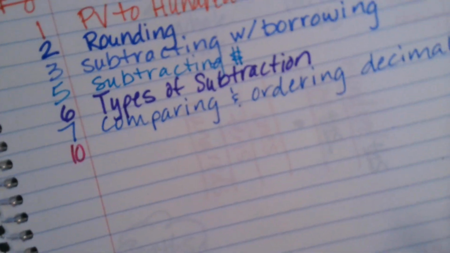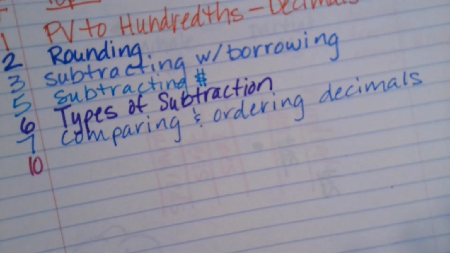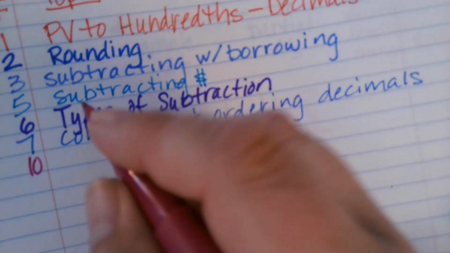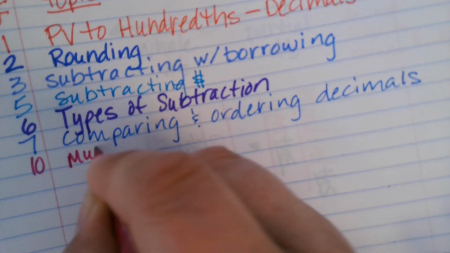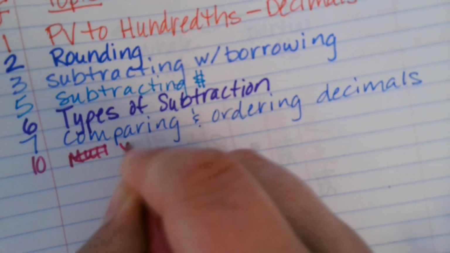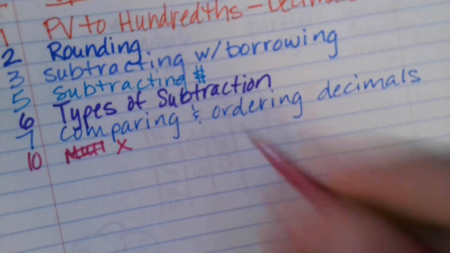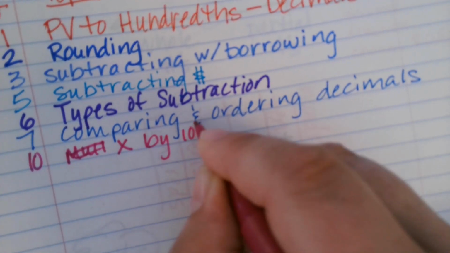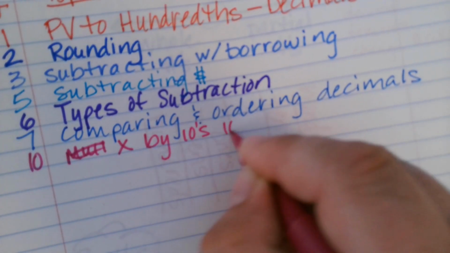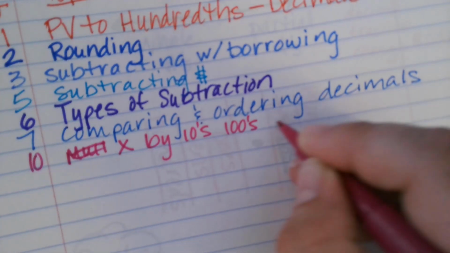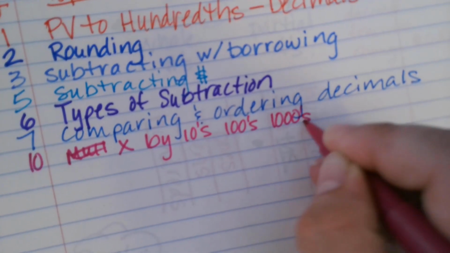So I'm hoping that we can cover a couple of things today, but the first thing that we're going to look at is multiplying. And you know what, I'm just going to put the multiplication sign by 10's, 100's, and 1000's.